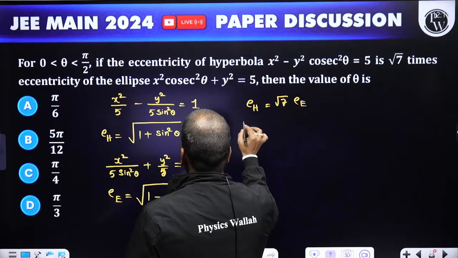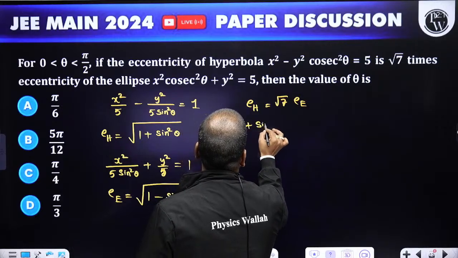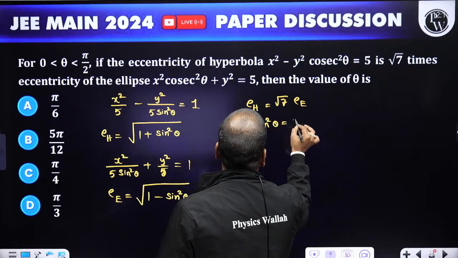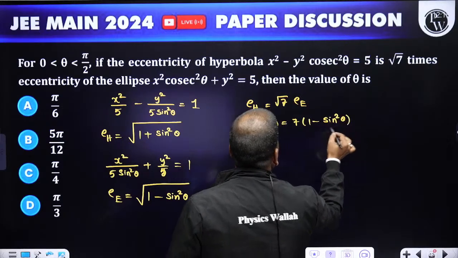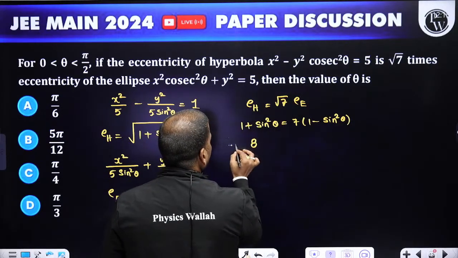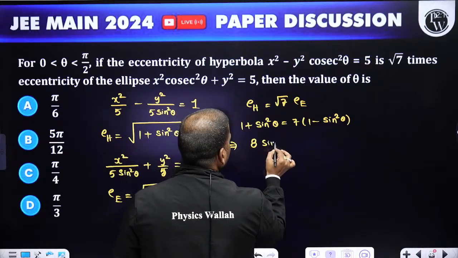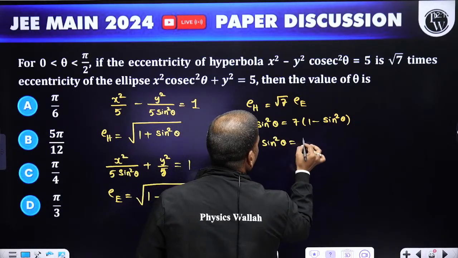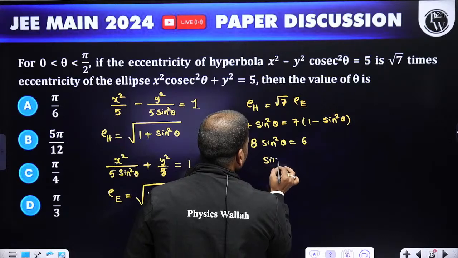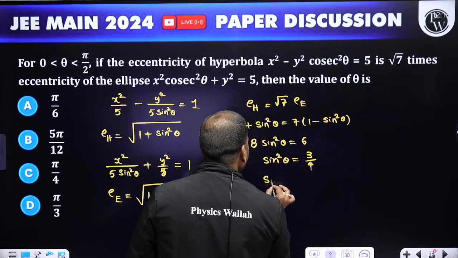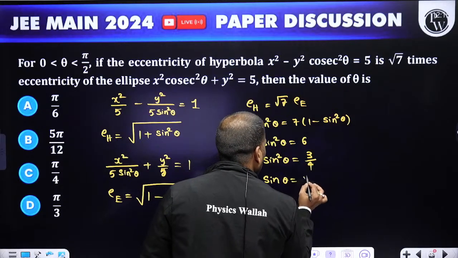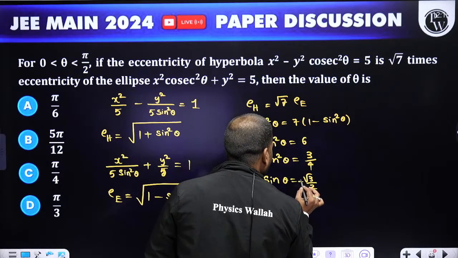Then squaring on both sides, 1 plus sin square theta is equal to 7 times 1 minus sin square theta. So 8 sin square theta is equal to 7 minus 1, 6. So sin square theta is equal to 3 by 4. Sin theta is equal to plus or minus root 3 by 2.